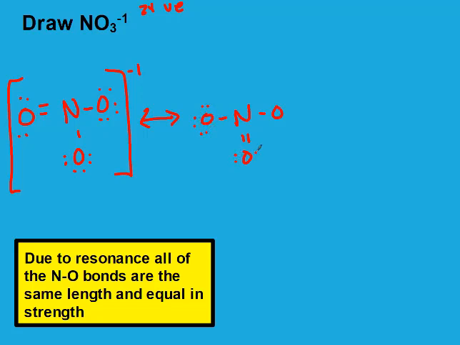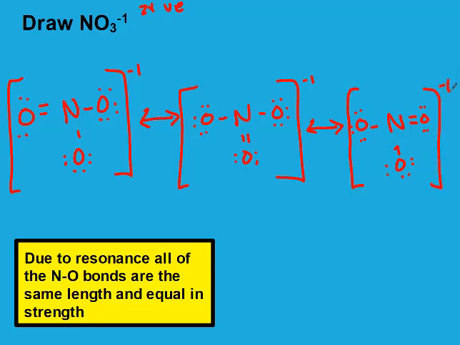So to represent resonance, you have to draw all of the resonance structures that are possible. In this case, there's 3 different structures. Between the structures, you need a double-headed arrow. So here we can see that the double bond's not on the left or the bottom or the right.